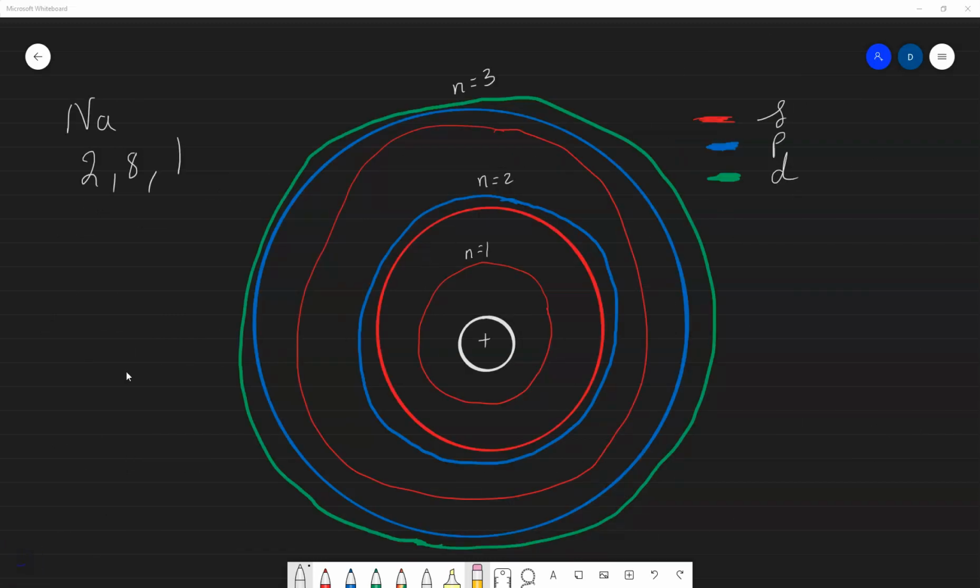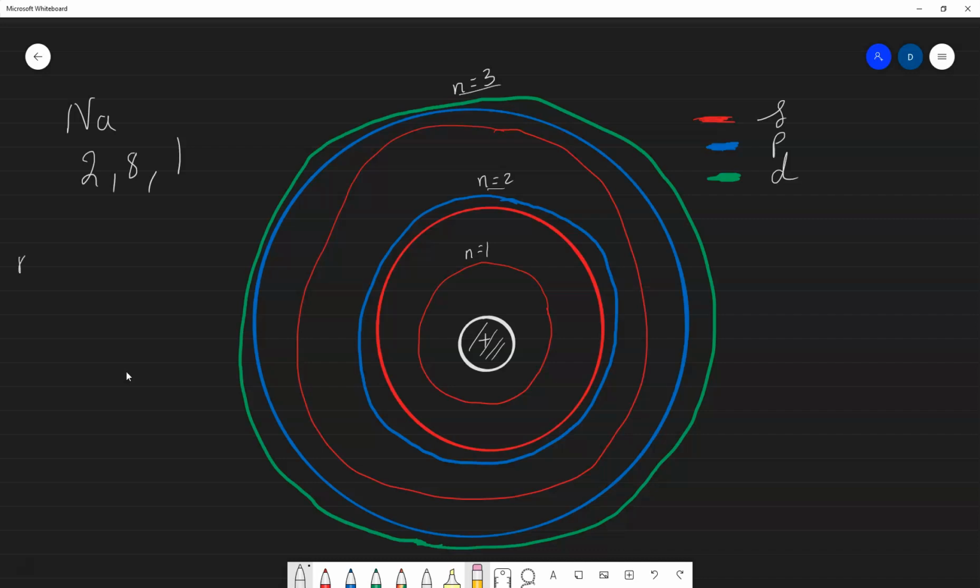So now you want to understand how these S, P, D, F subshells are used. What I've done here is, you've got a nucleus, the sodium nucleus, and this is the first shell, this is the second shell, this is the third shell.